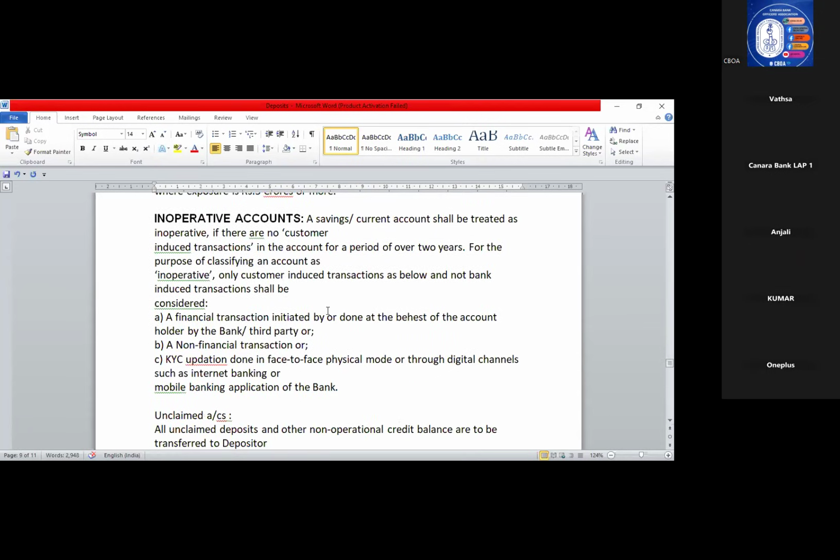Then inoperative accounts. An account is called inoperative when there are no customer induced transactions for more than 12 months, 24 months. That means the bank can debit service charges, the bank can credit interest of deposits, and bank can do anything.